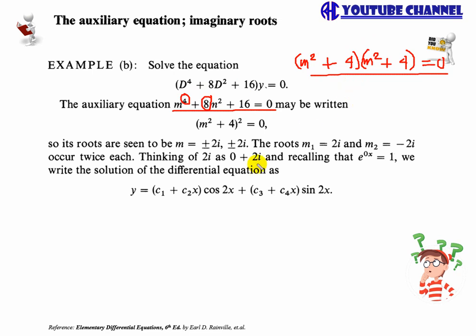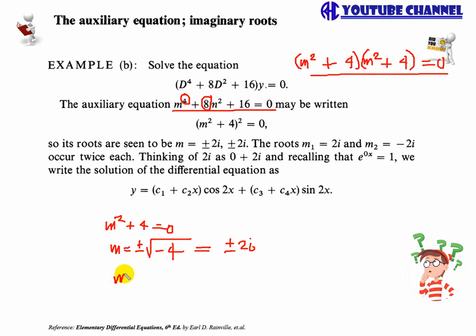Okay, so kapag kunin natin yung roots, so m squared plus 4 is equals to 0. So, m is equals to positive and negative the square root of negative 4. So, that is positive and negative 2i.